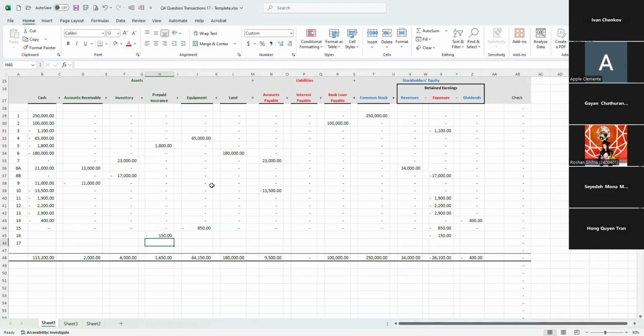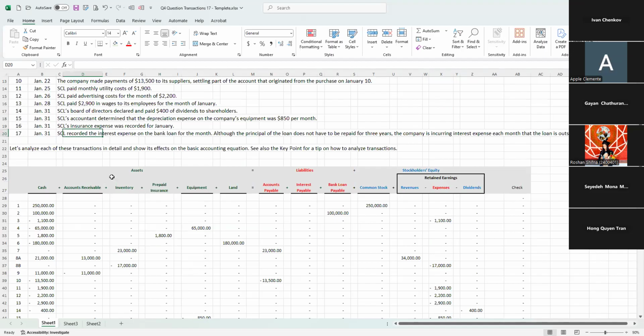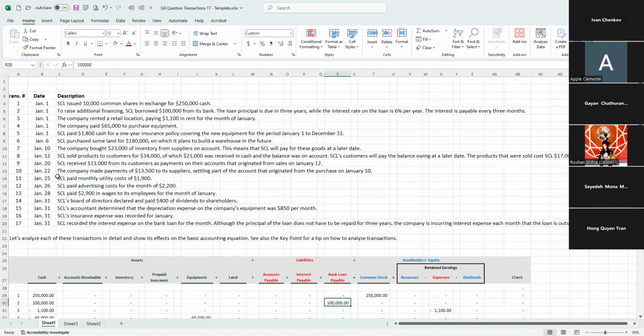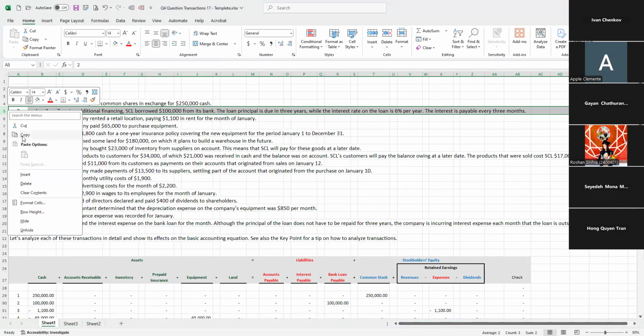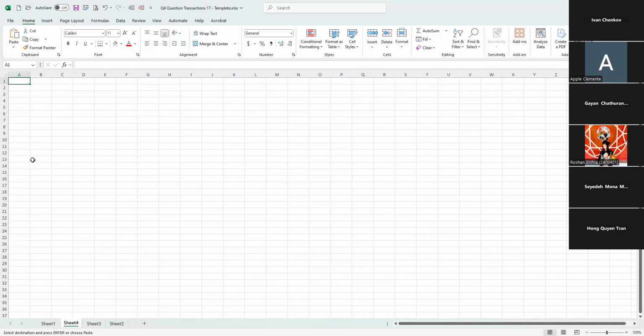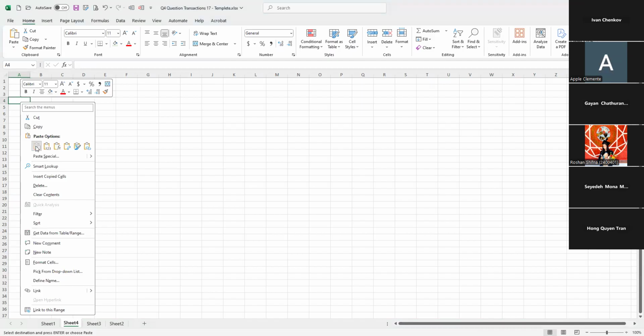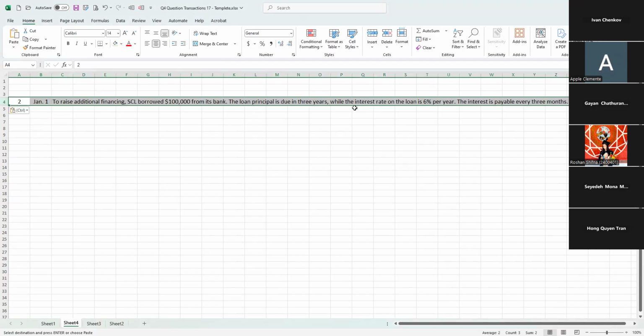And one more transaction: I have to record the interest expense on the bank loan. What happens with that interest expense? When we borrow the money from the bank, let's copy this and move to the new Excel spreadsheet. When we borrow money from the bank, they give us that money with 6% annual interest.